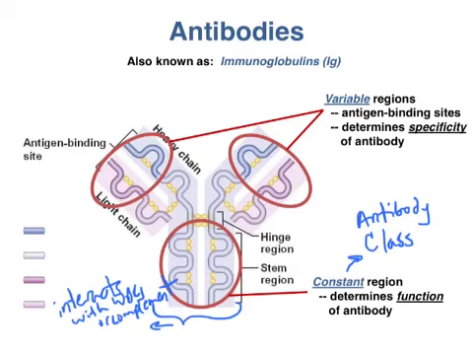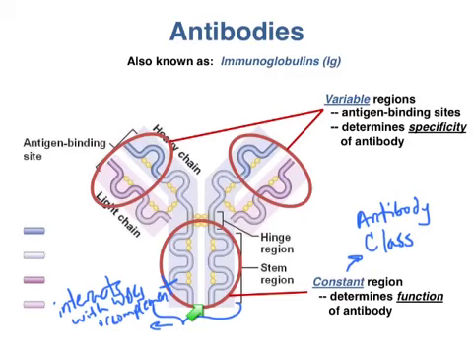Remember the classical pathway of complement activation? It's that constant region that's recognized by complement proteins. And if you remember the Fc receptors that phagocytes have that enable antibodies to do opsonization, that C stands for constant, because it's this constant region or constant fragment that the receptors on phagocytes bind to.